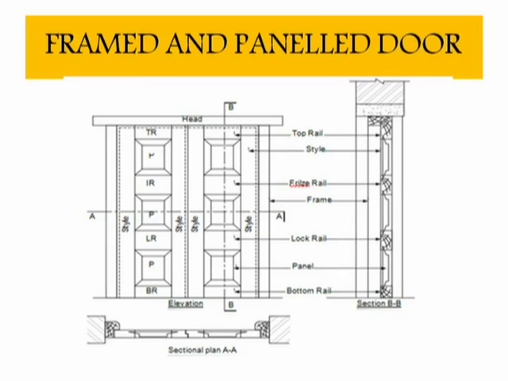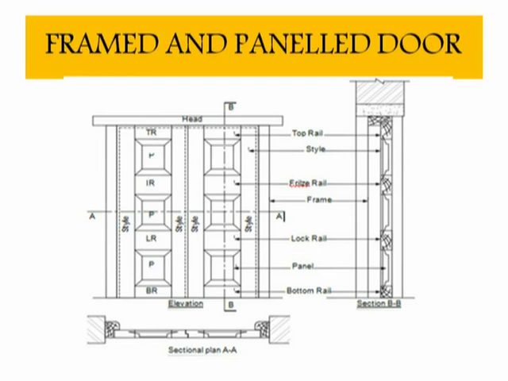Another type of door is the framed and panelled door. In this type of door, the shutter is constructed of small wooden panels, small rectangular shapes, which you see here totaling 6, known as panels.